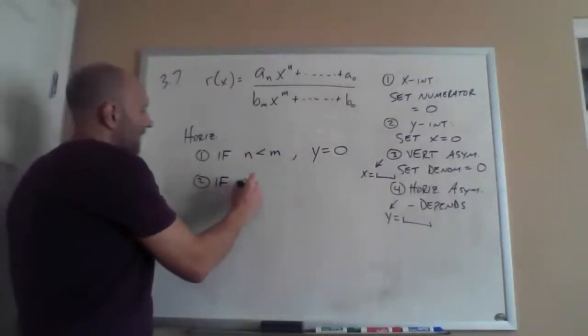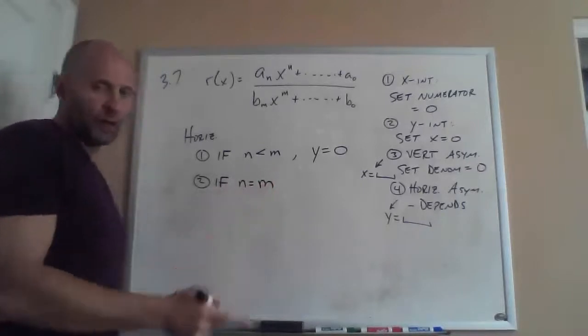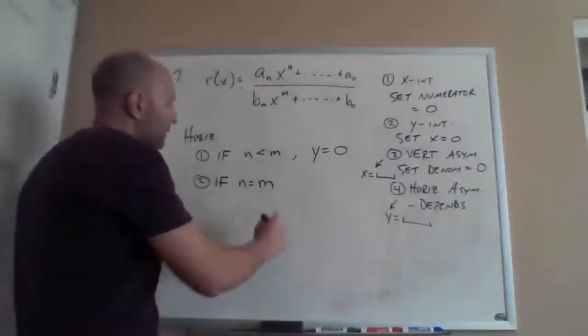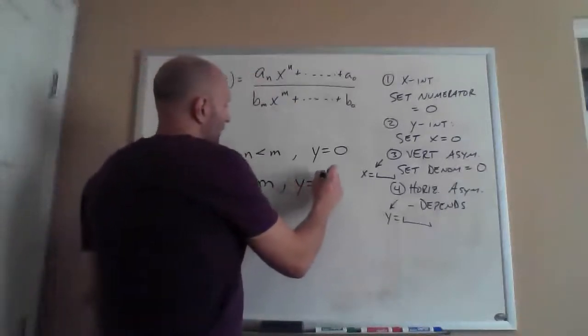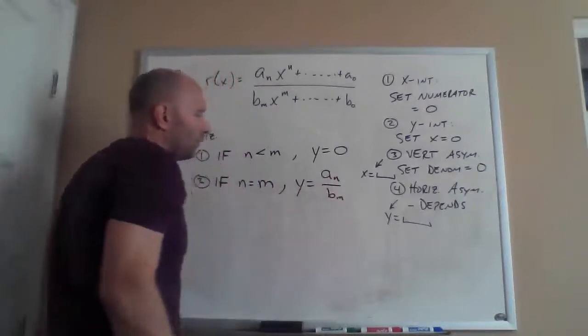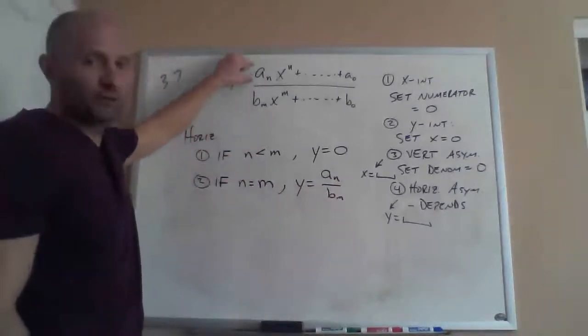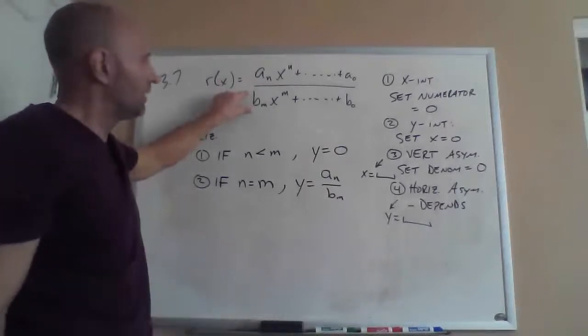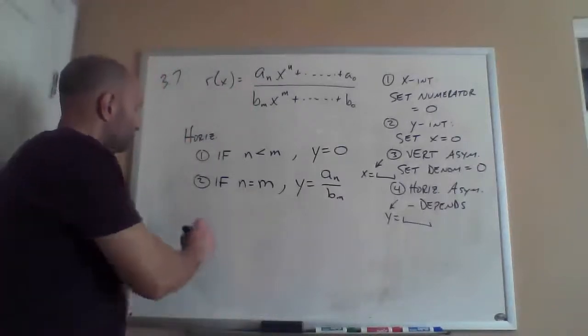Second, if n is equal to m, so if it's x squared in the top and x squared in the bottom, then the horizontal asymptote is just a sub n over b sub m. So this coefficient divided by that one. That's it. Nothing tricky about that.